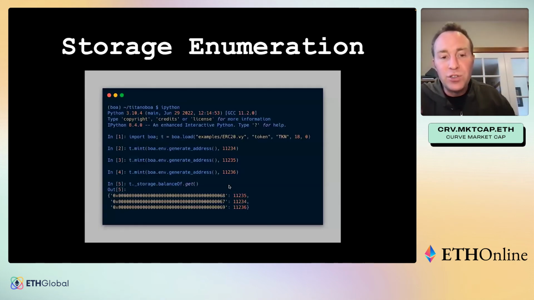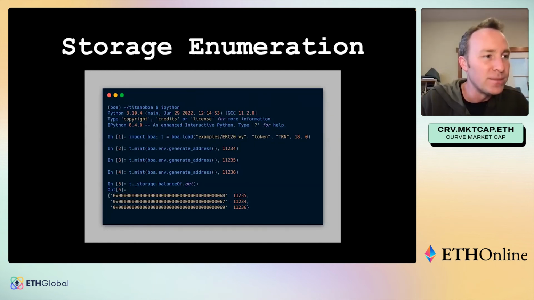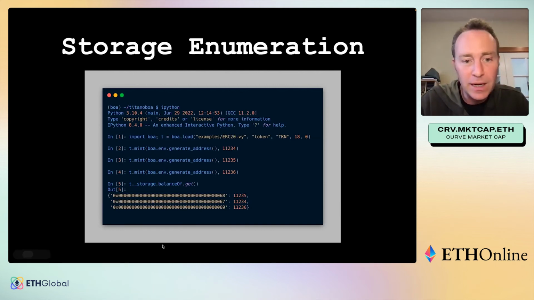Some of the things that you can do using Titanoboa: you can do storage enumeration. In the example, which I'd walk through if we had more time, you're able to read through all the storage variables of a contract, including mappings.